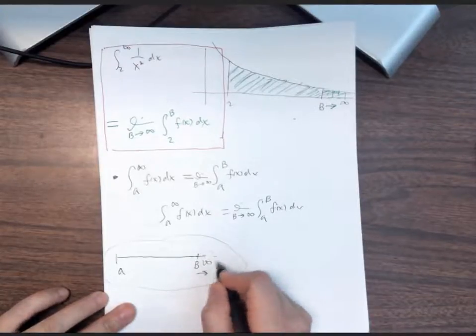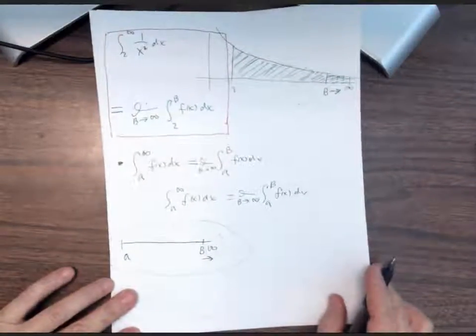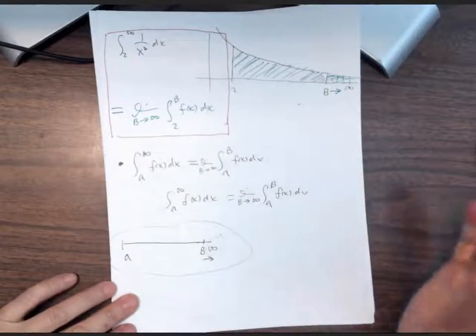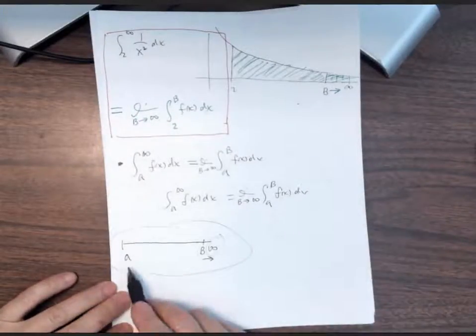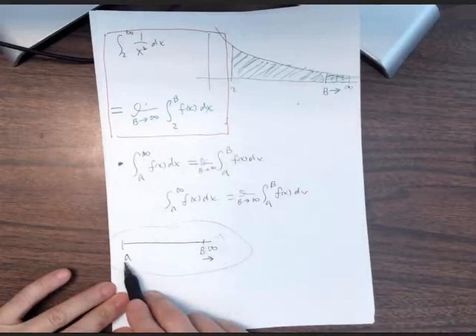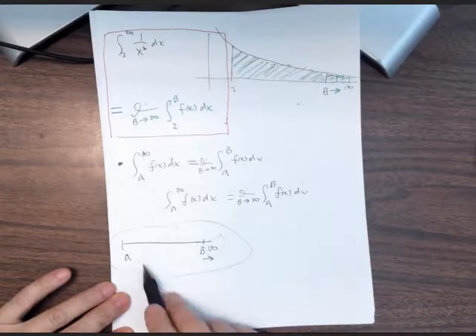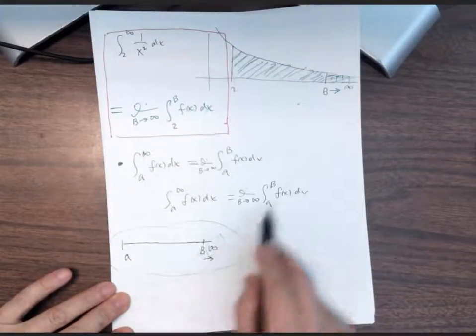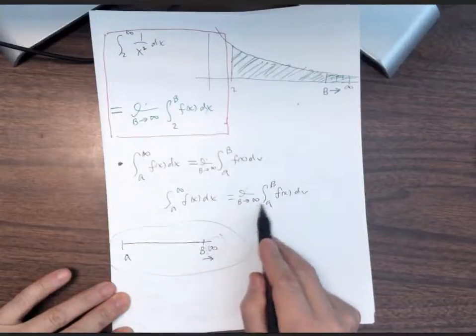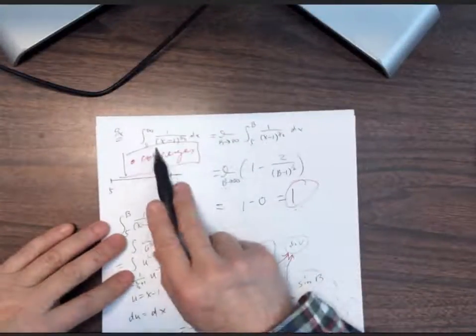So the infinite limit is the trouble factor. We avoid it first. Just go a to b with a number now. Once we're done with that, we send b to infinity, as shown through this example.